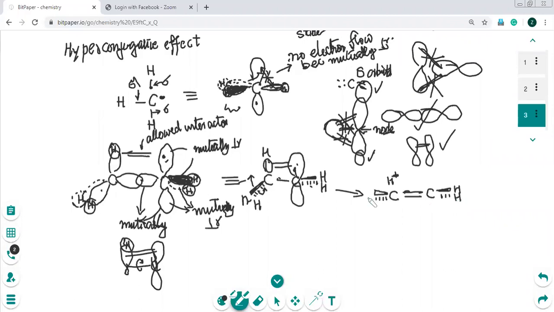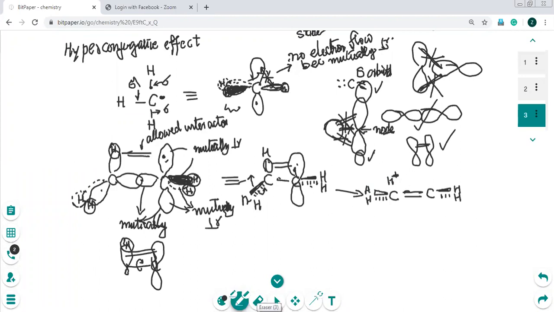Is it clear? See that? Now, instead of this hydrogen, this hydrogen also can participate. So, what is the net effect? Sorry, it's not the plus charge here. It's a radical.